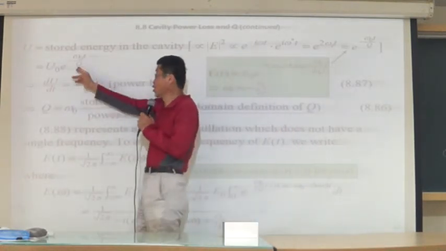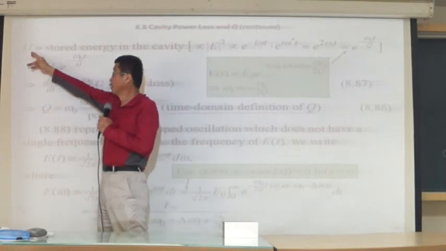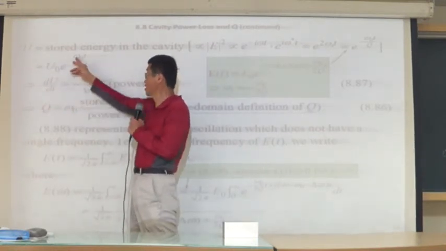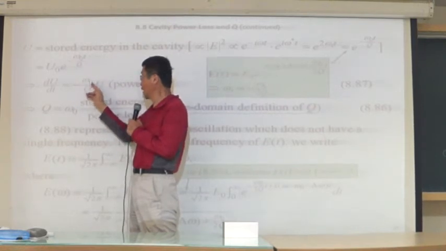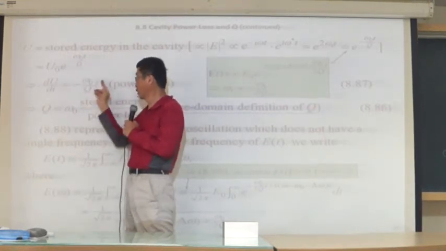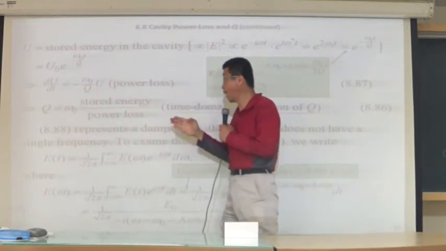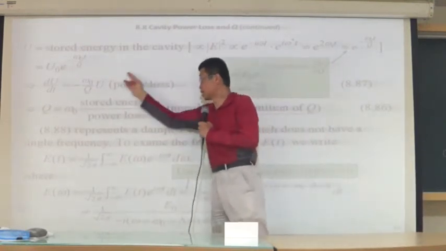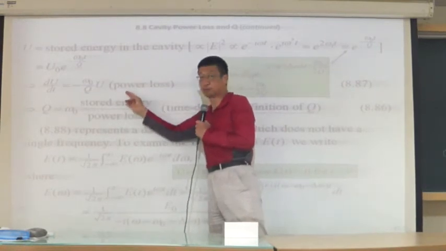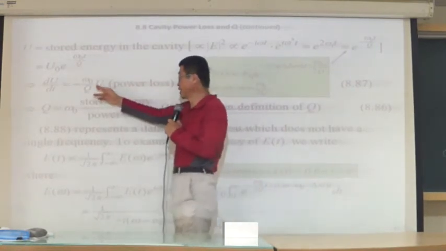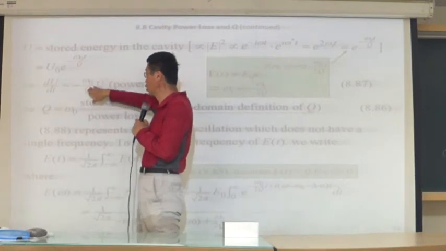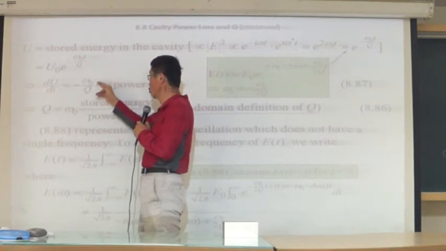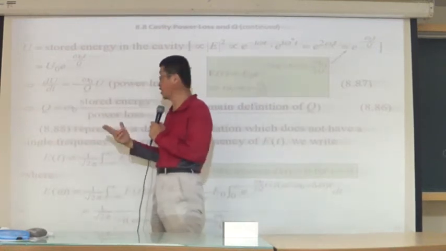So the time change rate becomes dU/dt = minus omega 0 over Q times U. That's the power loss, the energy consumption rate. From this equation, we can rewrite Q as minus omega 0 U over dU/dt.